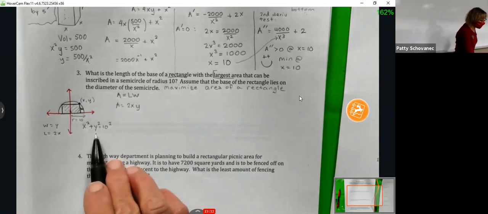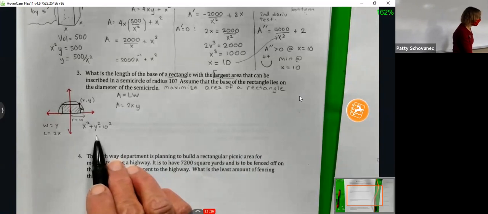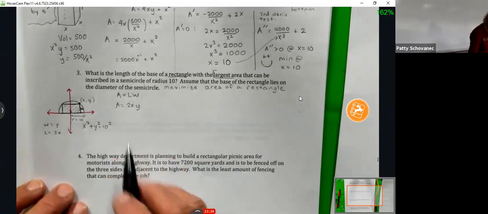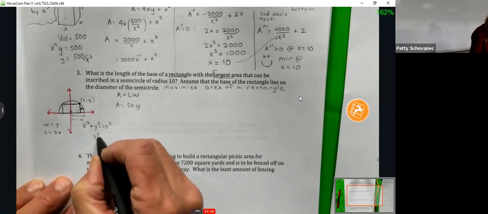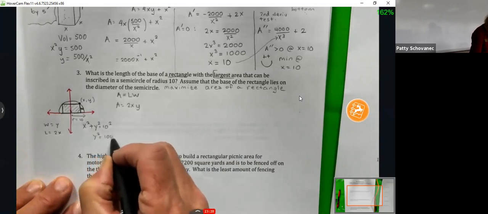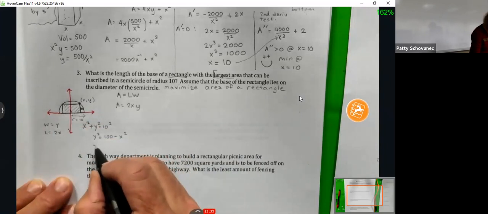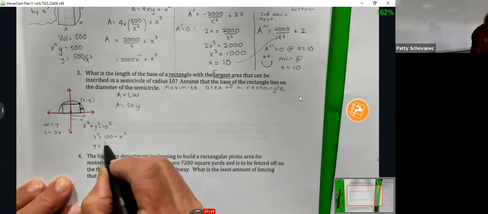But here's the relationship between x and y. X squared plus y squared is 100. So if I take that and solve it for x or y, I'll be able to substitute out the extra variable here. So I'm going to solve it for y. I get y squared will be 100 minus x squared. It's the top half of the circle, so I can take the positive square root.